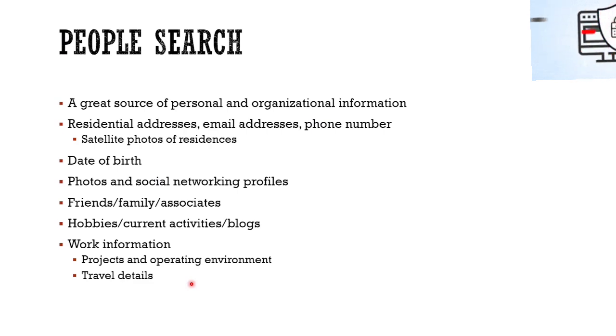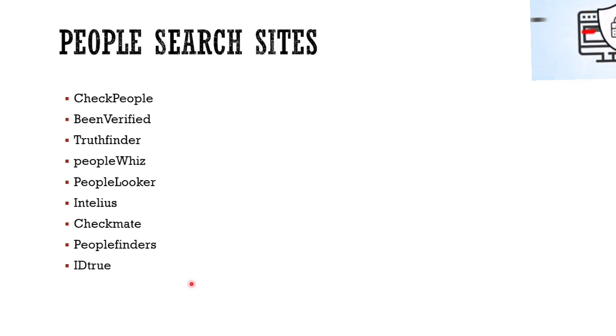Now, there are a ton of people search sites we can use that are going to give us some information. A lot of them will want to charge you a little bit of money. I found that if you're really, really persistent, you can sometimes find the information you want just by constantly searching Google and using Google Dorks, as opposed to paying $3.99 or $2.99 for a particular report from a people search site.